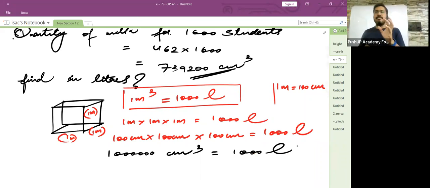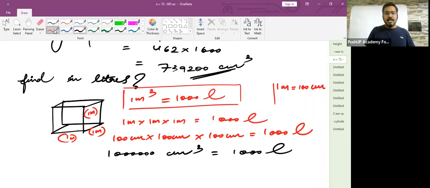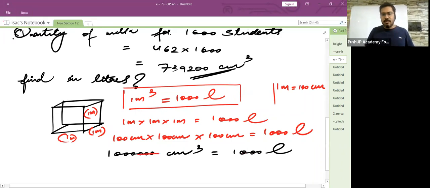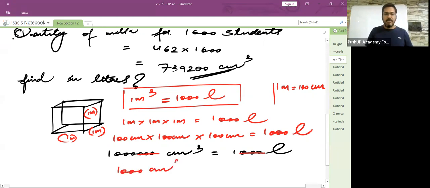Now, can't I cancel 3 zeros from both the sides? I can cancel 3 zeros from both the sides, right? So can't I say 1,000 centimeter cube is equal to 1 liter?